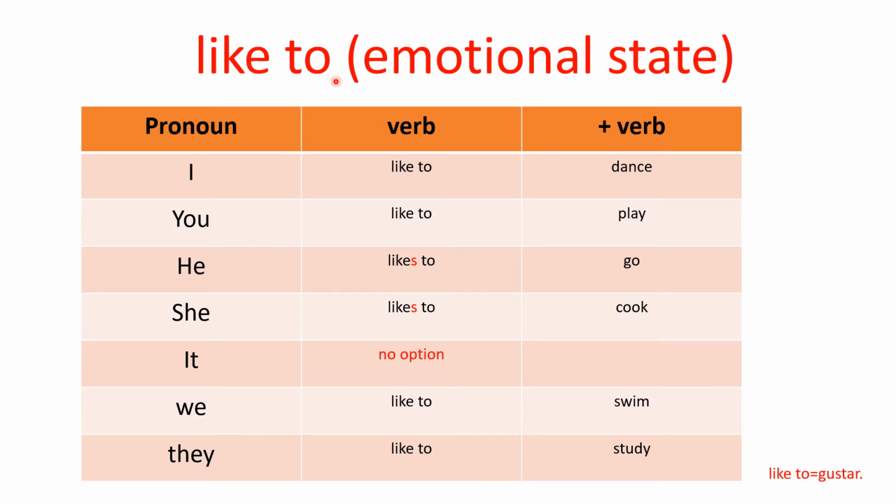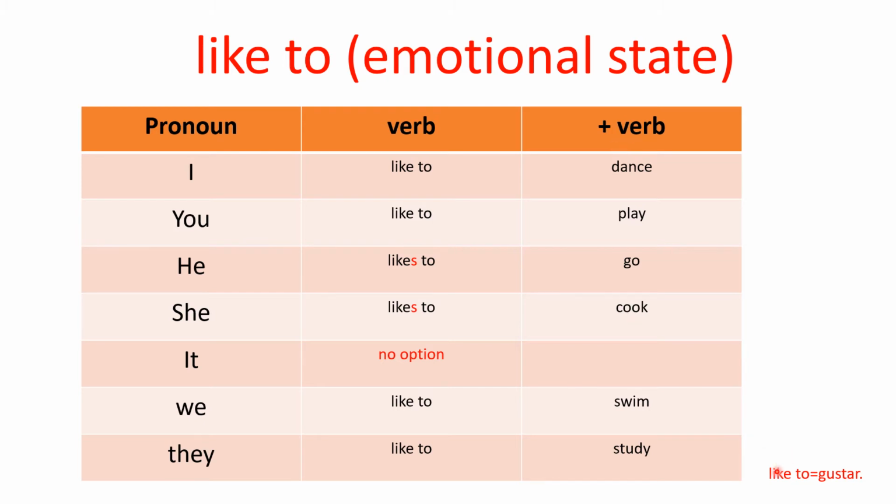Like to. This verb shows an emotional state. And as you can see, we need a pronoun. The pronouns are these ones, right? We need the verb, which is like to, the one that expresses an emotional state, plus another verb. These other verbs, yes, they express an action.